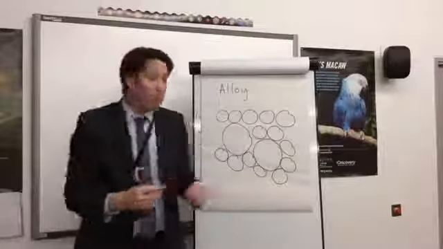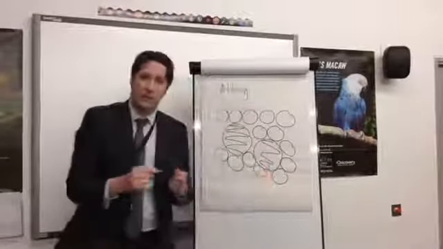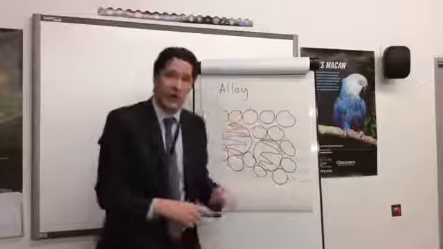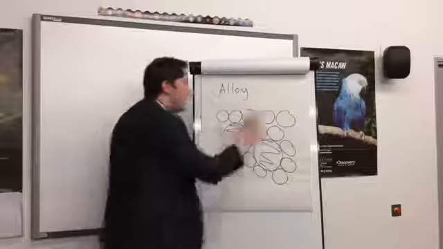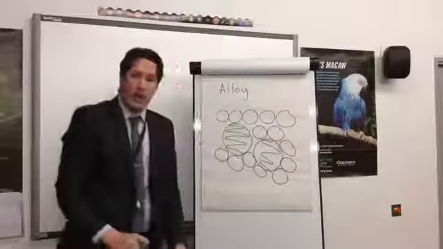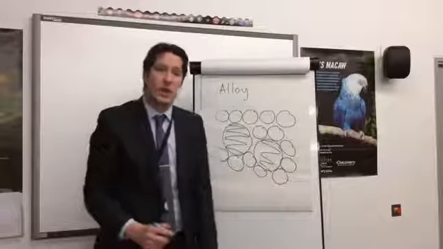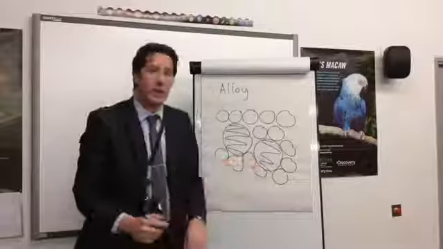And because it's got these big atoms that are different to the rest of the atoms in the metal, they can't slide. These layers can't slide over each other. So the layers can no longer slide. So these are the layers that would originally be there, and these are the big atoms of a different substance that are stopping the layers sliding over each other.